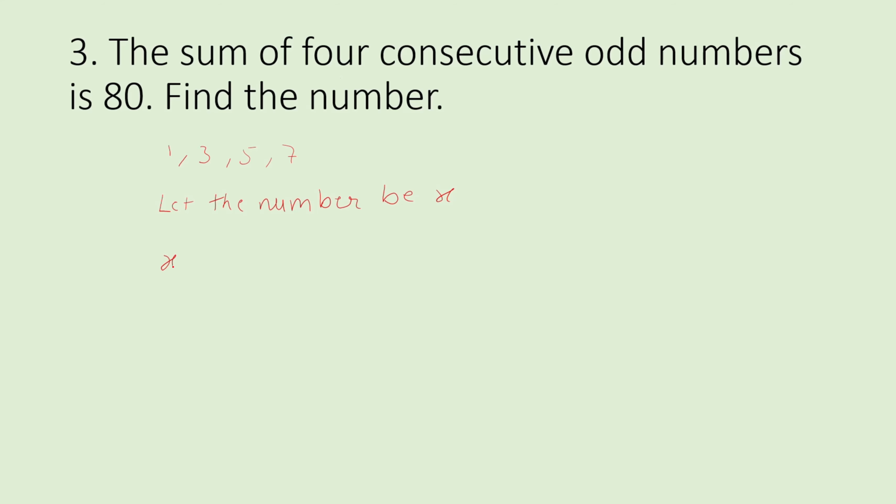Therefore, the next consecutive odd number is x plus 2, and the next x plus 4, and the next x plus 6, right?